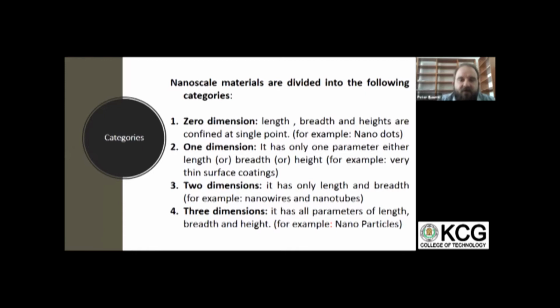One of them, as you can see here, when we are speaking about the 0-dimension materials, we are saying this is nano dots. The 3-dimensional is the nanoparticle. When we are speaking about the 3-dimension, all of the dimensions are below 100 nanometer.